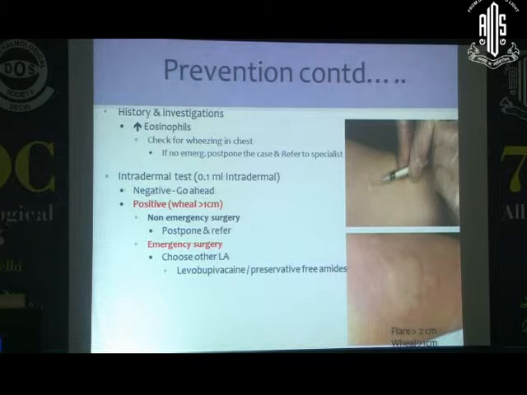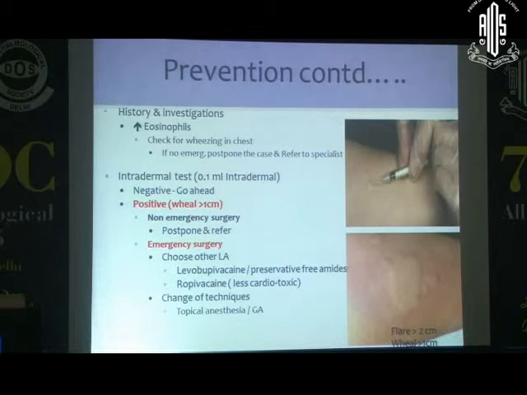Always see the vial, whether it is written that the local anesthetic is preservative-free or not. The second is ropivacaine. It is a new drug and it is less cardiotoxic. It is safe in pregnancy. So for any pregnant female operated for eye surgery under block, use ropivacaine because it is less arrhythmogenic.